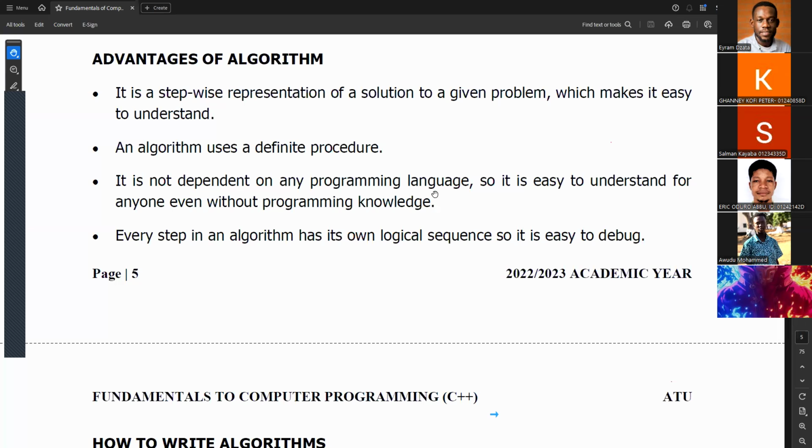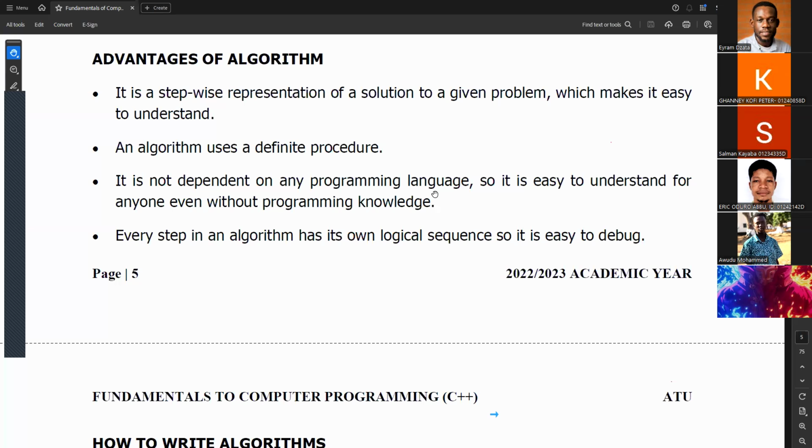Okay, so when you write an algorithm, it is not like you are writing a Java program or a Python program or a JavaScript program. No, it is just independent of a programming language.